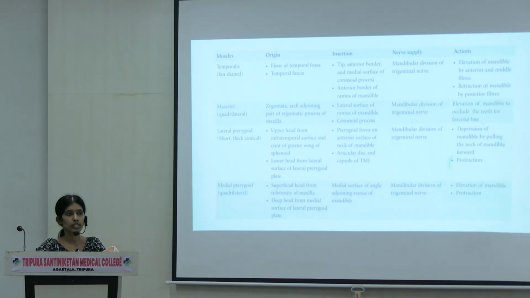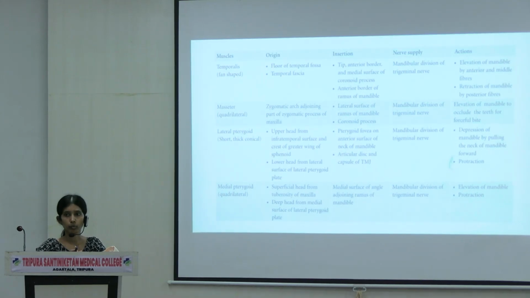And all muscles are supplied by the mandibular nerve of the trigeminal nerve, but from different divisions or branches. And all the muscles are involved in the movement of the mandible with respect to the temporomandibular joint.